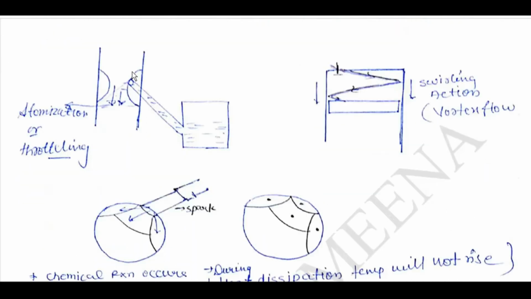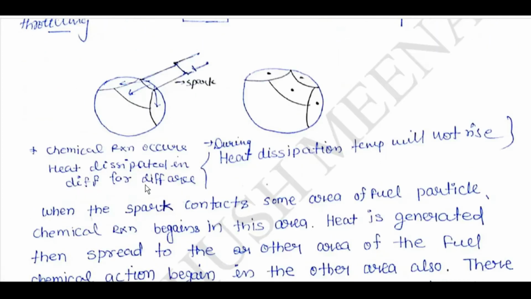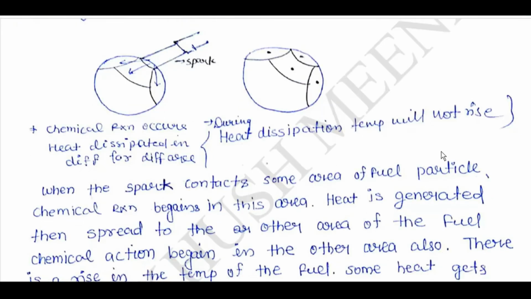First stage of combustion: atomizing or throttling, swirling action, vortex flow. Chemical reaction occurs, and heat is dissipated by diffusion. During heat dissipation, temperature will not rise.